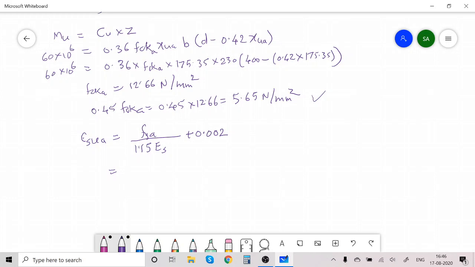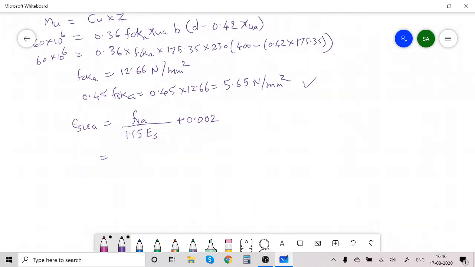So strain, 262.76 is the actual stress Fy actual divided by 1.15 into ES 2 into 10 raised to 5 plus 0.002.